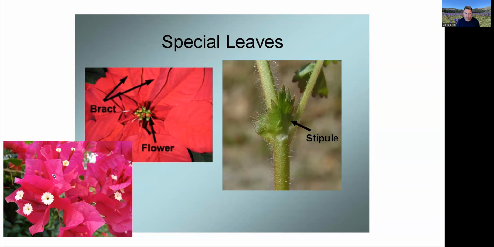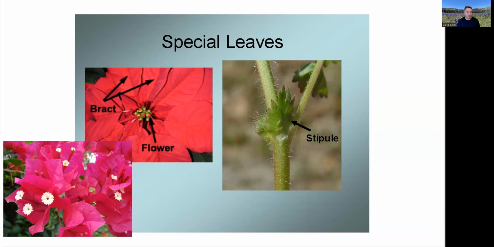A lot of people think of the really colorful portions of the bougainvillea as flowers. They're actually modified leaves. These little things are the flowers. Generally, you can't even see the flowers because the bougainvillea show is so crazy colorful. What you're actually looking at is a colorful show of specialized leaves known as bracts. This happens with a lot of plants.